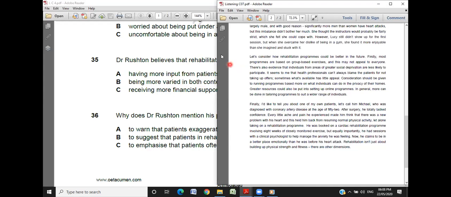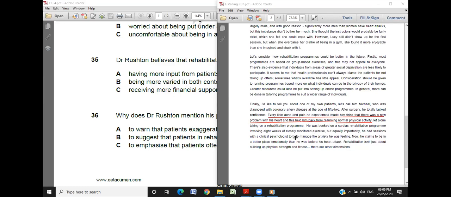And then here he's trying to explain how in the beginning, we have something similar to option A here, that he was actually trying to exaggerate. It says that every little ache and pain he experienced made him think that he was getting a new attack or new problem, and therefore he was not willing to resume his normal activity.